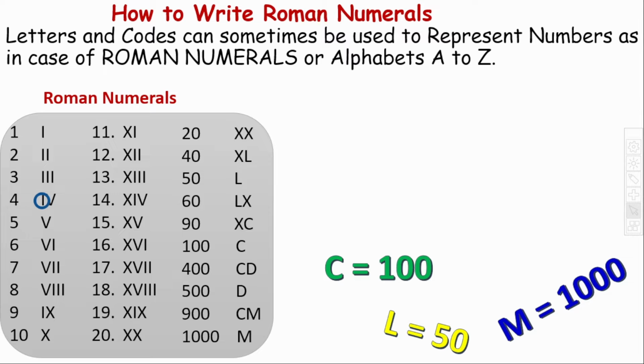That is IV. You will also know that it is subtraction because this I is smaller than this V. I is 1, while V is 5. That tells you that subtraction is going on here.